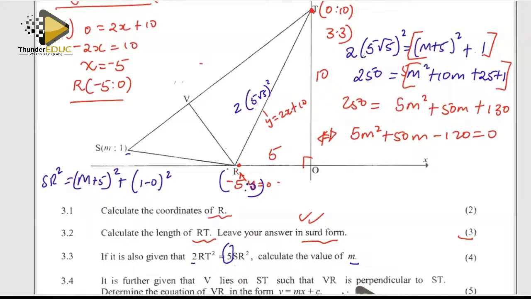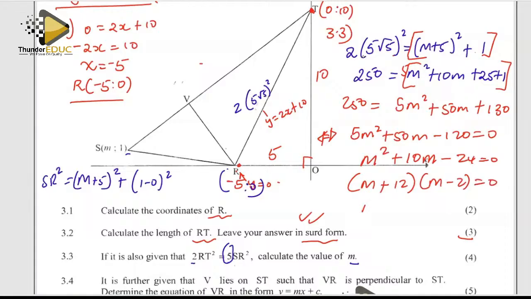I can divide through by 5. So m squared plus 10m minus, what's 120 divided by 5? I'm getting 24, gives us 0. Which two numbers can we look at? Factorize that. I'll have m plus 12, and then m minus 2.